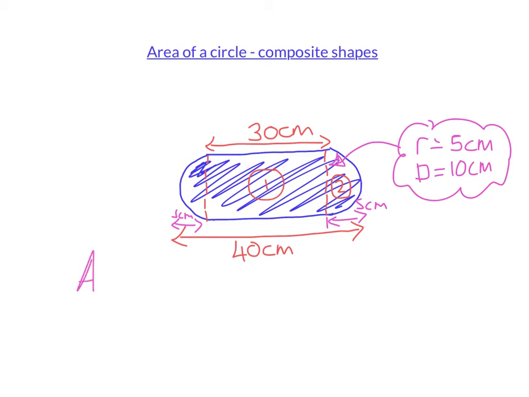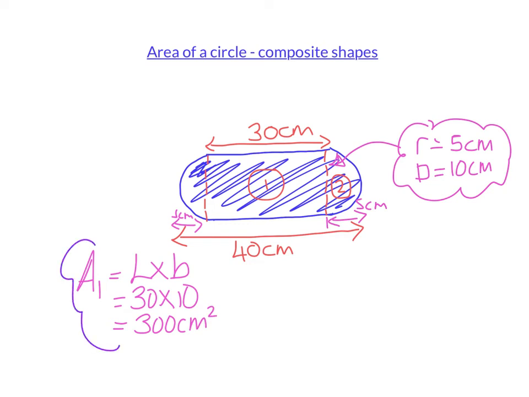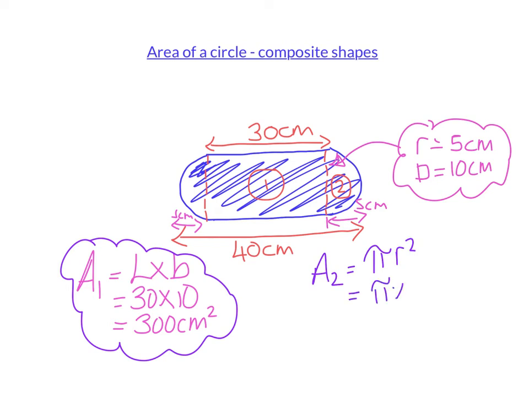So area 1 is the rectangle, length times breadth, which in this case is 30 times 10, 300 square centimetres. Area 2 is the circle, so pi r squared, which is pi multiplied by 5 squared.